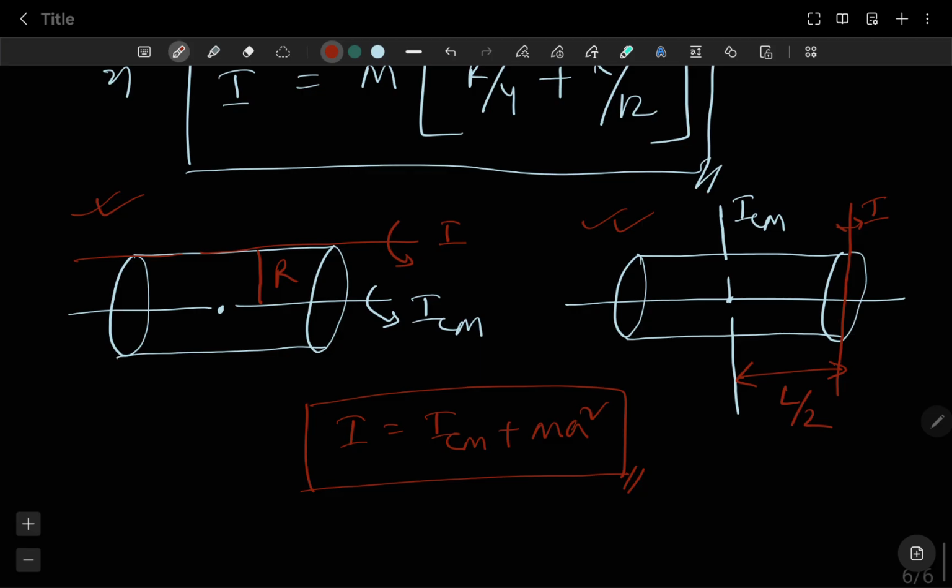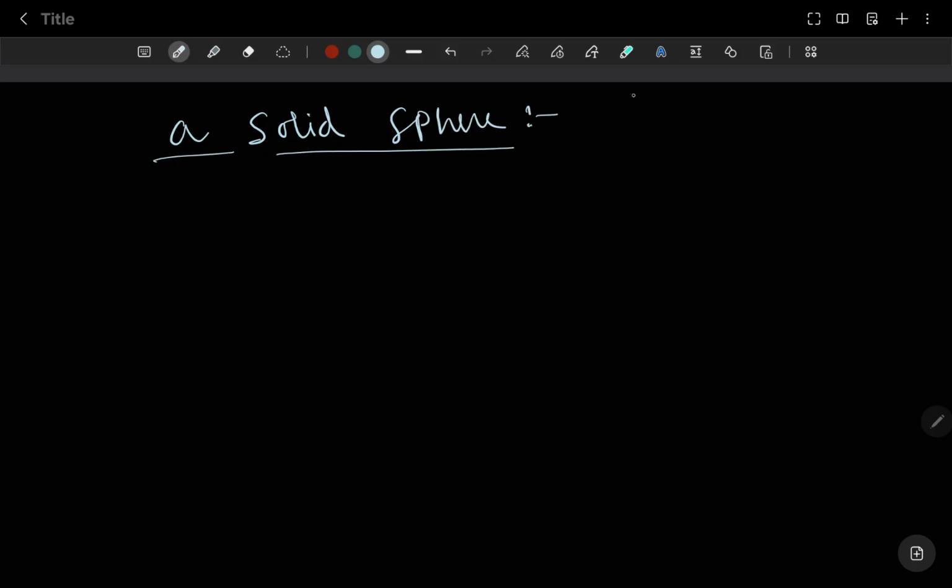Okay, fine. Now let us calculate the moment of inertia of a solid sphere about a diametrical axis.